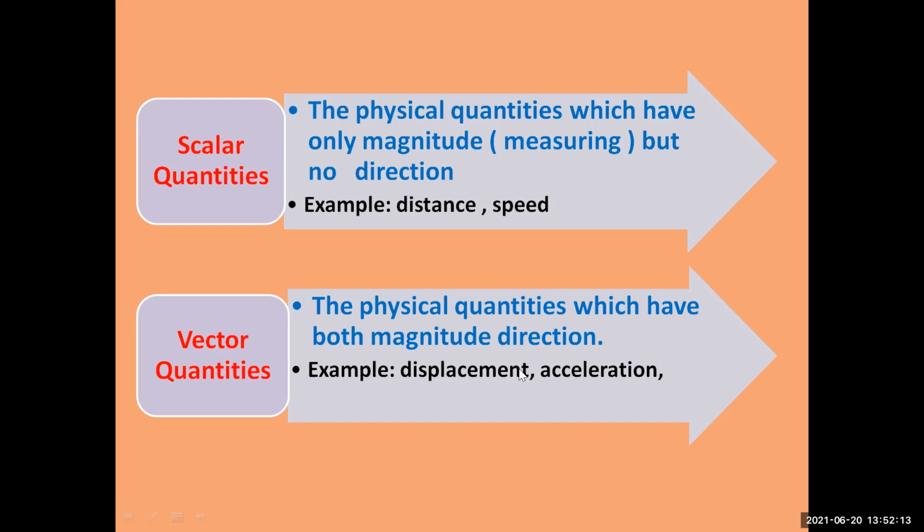I applied 10 Newton to move this object. In your previous class, you learnt about force. Force is a push or pull on an object. Push means moving away from you. Pull means making the object come towards you. There we are talking about the direction. I pushed the object, 10 newtons of force I applied. So such kind of quantities or terms are called vector quantities.